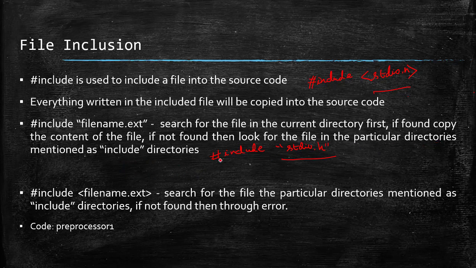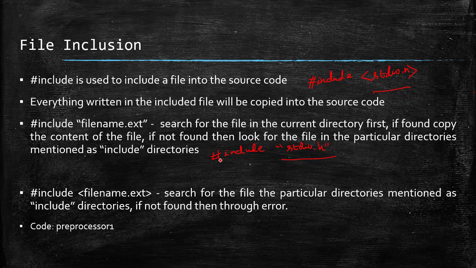Each and every C compiler has a particular include directory. It will look for the file firstly in your current directory, and if it is found, it will copy the content of that file into your source code. If not found, then it will go to the include directory.